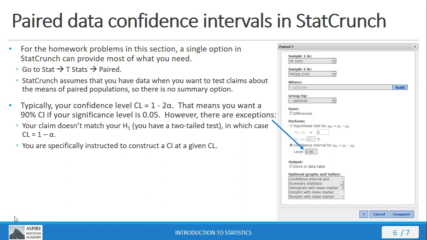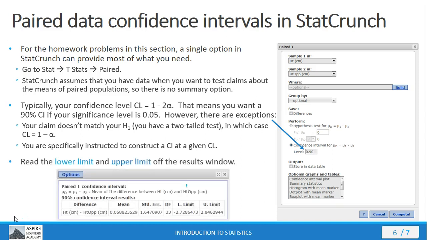Typically, you'll use 1 minus 2 alpha for the two samples, two populations, unless, of course, your claim doesn't match your alternative hypothesis, in which case you revert back to the 1 minus alpha. And then when you get your results window, your upper and lower limits, you read them right off the results table, just as you've always done.